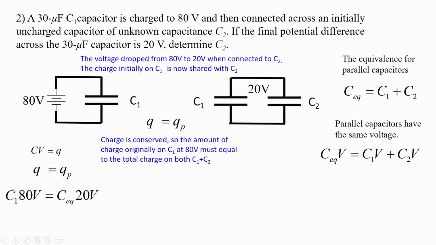So what I have here related to that is C1 times 80 volts, this is when it was isolated from C2, must equal the equivalent capacitance, C1 plus C2, times 20 volts. So basically what happened, the amount of charge that was deposited on C1, part of that is on C2 now. The charge has no place to go.